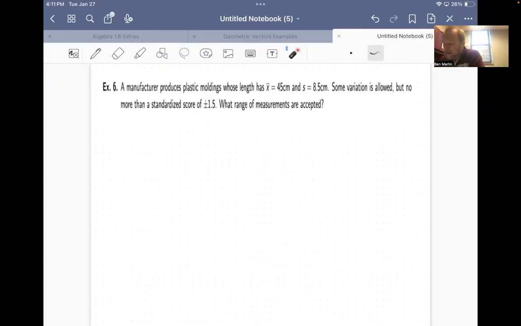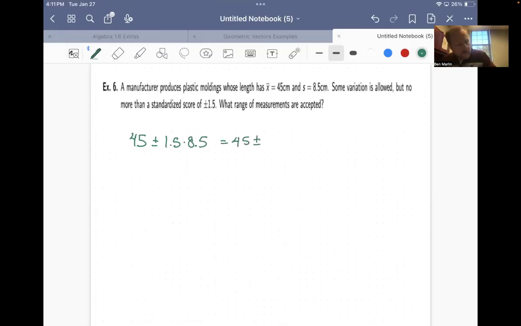Okay. So then to do that, all you're going to have to do is take your 45 plus or minus the 1.5 times the 8.5. So that is 45 plus or minus 12.75, which is going to be, if you subtract, 32.25 centimeters.